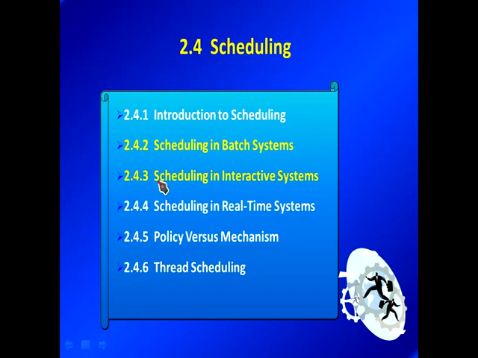Okay, let's check the outline of these sections. First, we'll learn a brief introduction to scheduling, and you can see I emphasize these 2 parts with the yellow color. We are going to learn some specific algorithms to schedule in batch systems and for the interactive system.